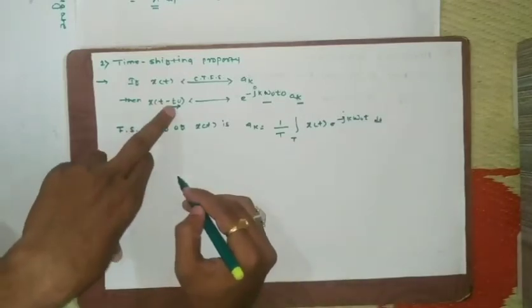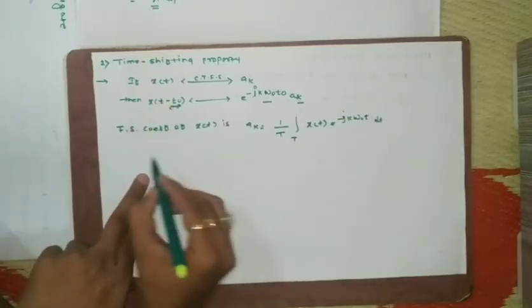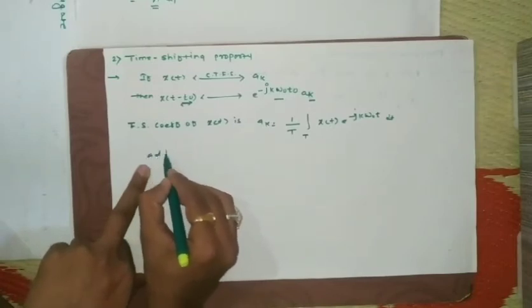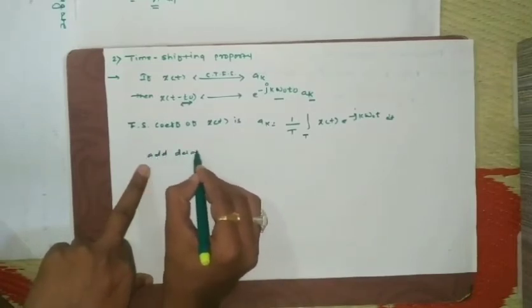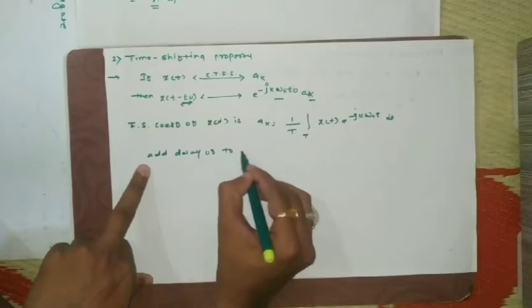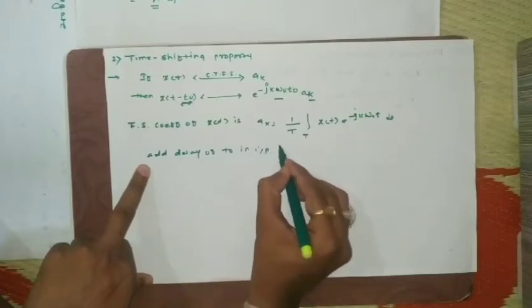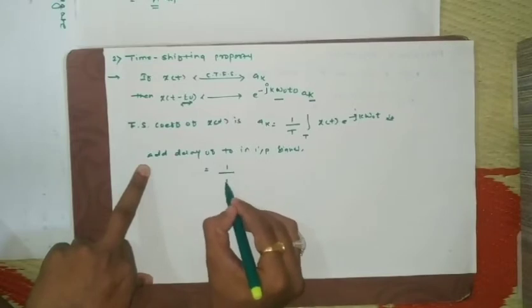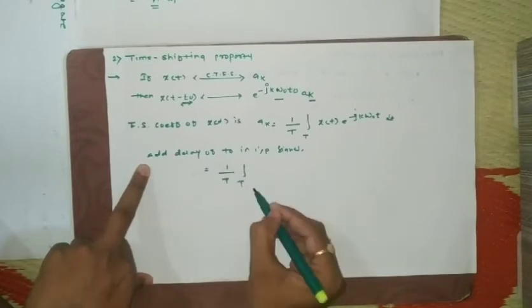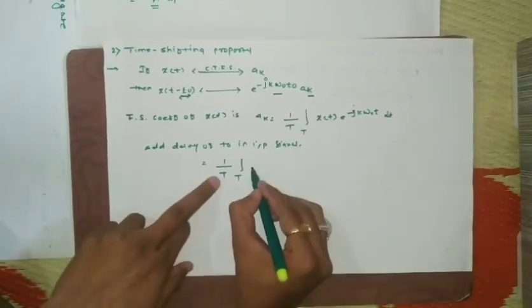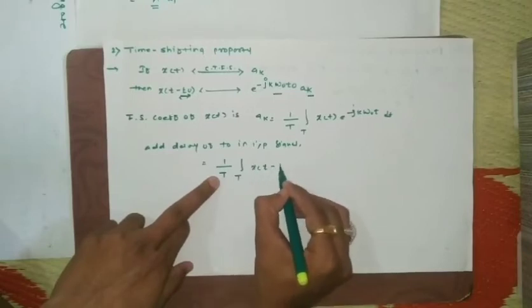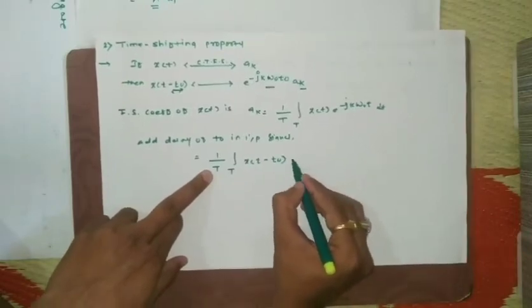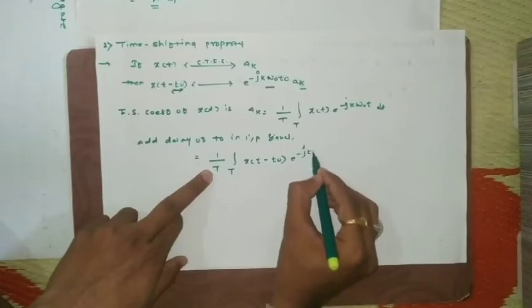Now we will add a delay of t naught in the input signal. This equation holds 1 upon T, that integration remains the same. Now this becomes x of t minus t naught into the exponential term as it is.